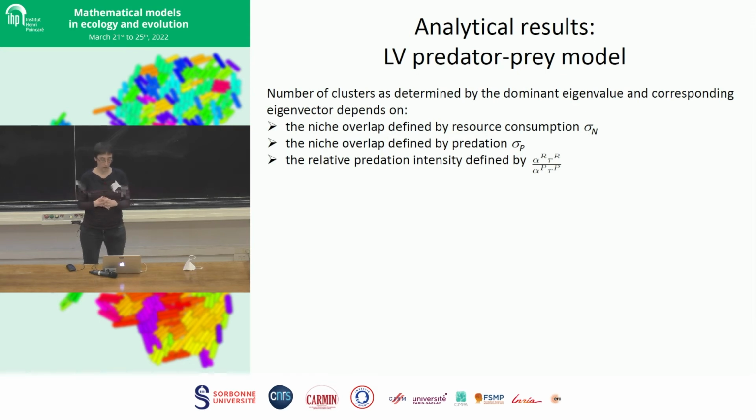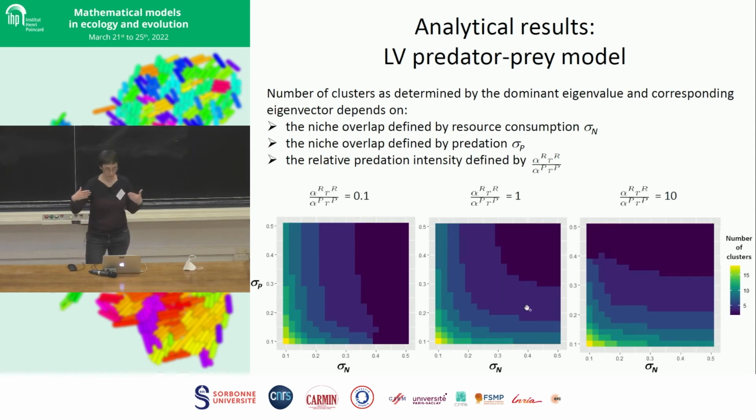So what is interesting from a more ecological point of view is that the number of clusters is going to be determined both by the niche width for competition and the niche width for predation. And the relative importance of the two depends really on the growth rates of the resources and the growth rates of the predator. So here it's just a graphical way, numerical applications, where we can predict the number of clusters for these different cases.